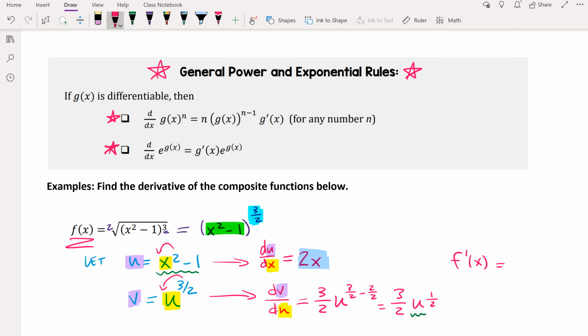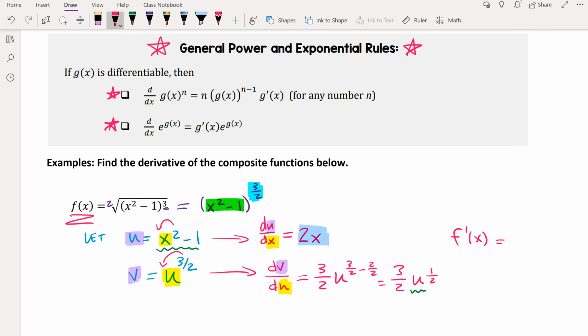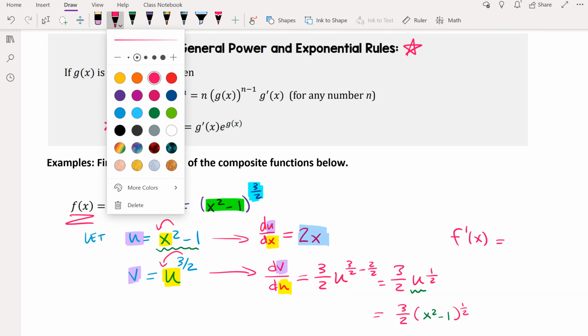So we have equals 3/2. Plugging back in for u, x squared minus 1 to the 1/2. Now we're ready to actually write f prime of x.